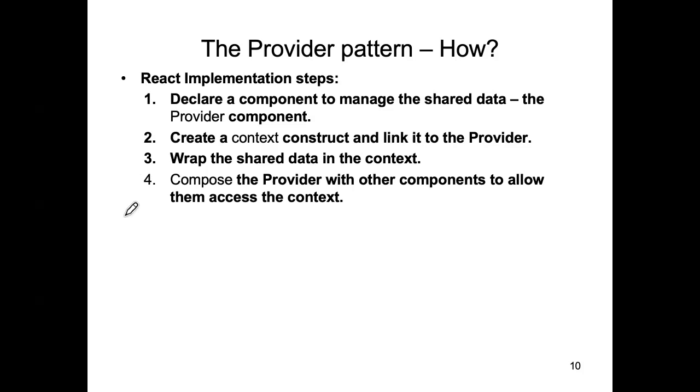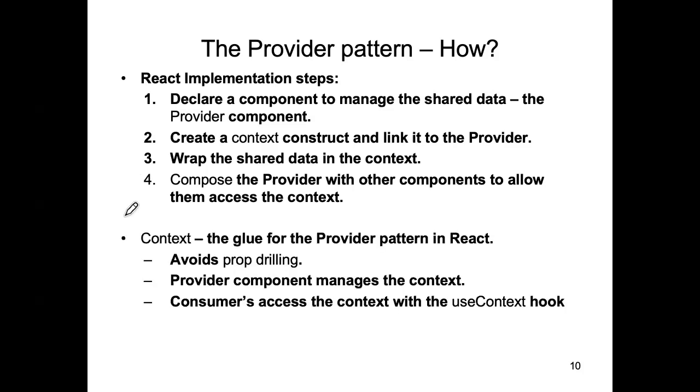It does not have to be passed down to them via props. So this context construct, which is abstract for the moment, is the key part of this provider pattern implementation in React. And a consequence of using it is it avoids this prop drilling code smell.